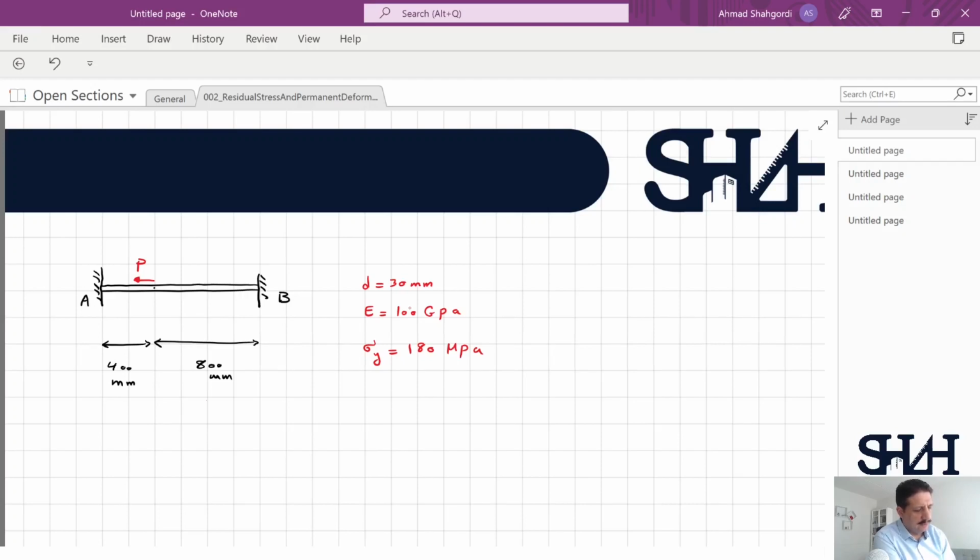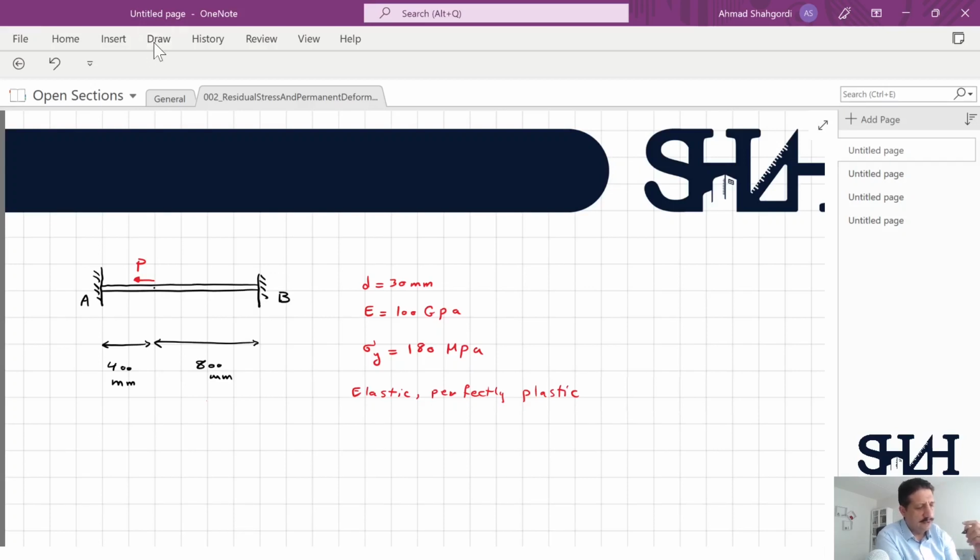Also, we can assume that the material is elastic perfectly plastic. So it means that we ignore the strain hardening in this material.